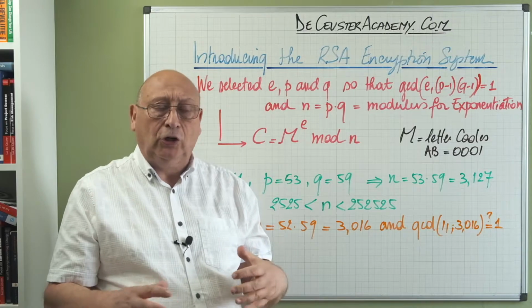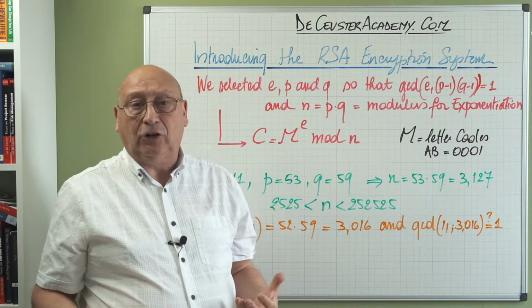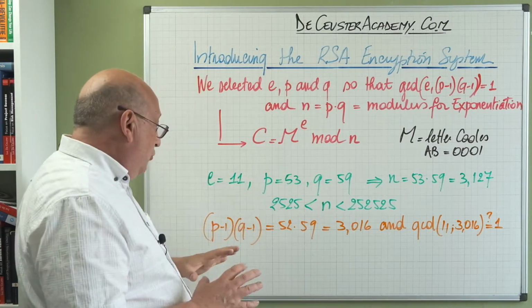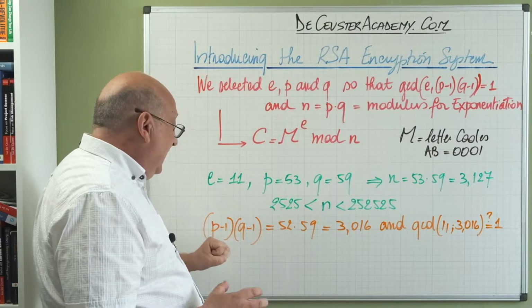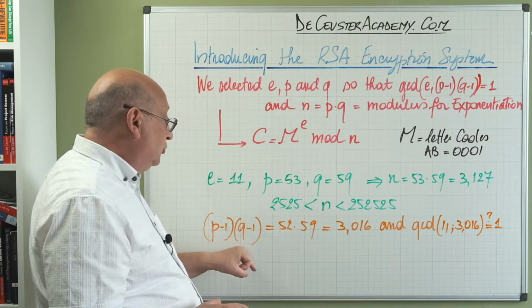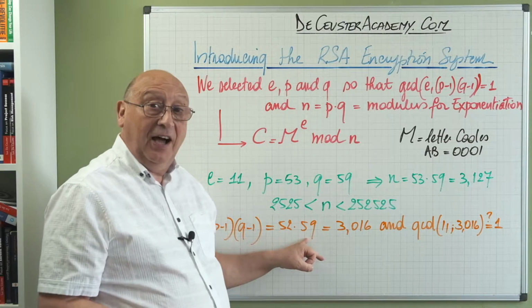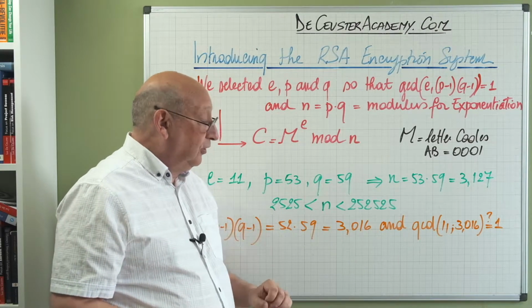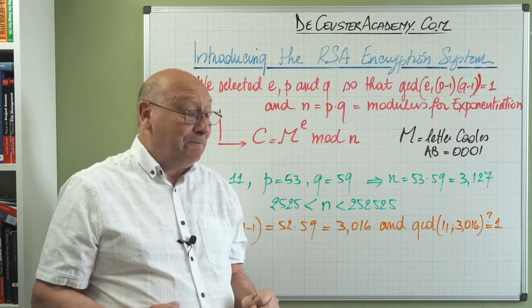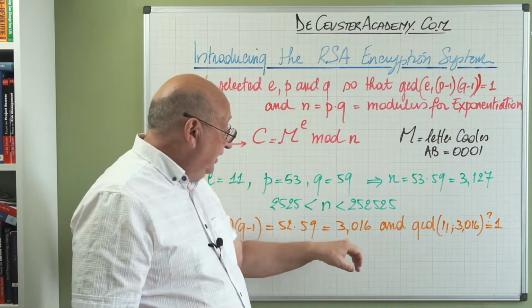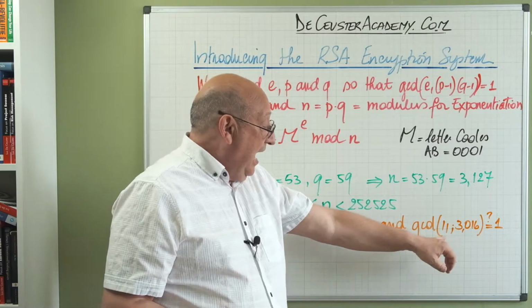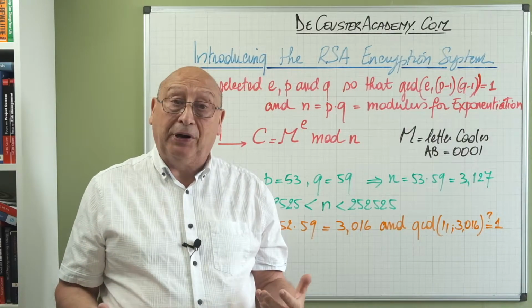That relates to the system that those gentlemen developed. So basically what we now have to do is to calculate P minus 1 times Q minus 1, which is 52 times 58, and it gives us a result of 3016.